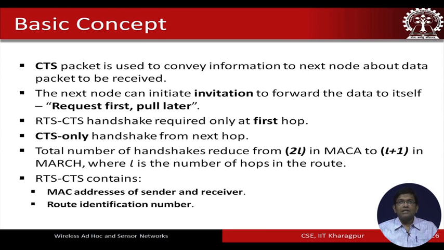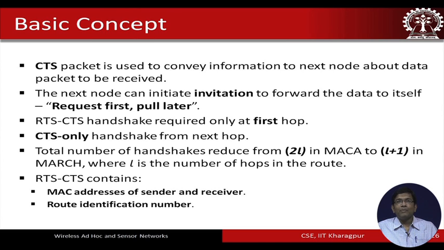The next node can initiate an invitation to forward the data to itself. So, it is a request first and pull later kind of mechanism. The RTS CTS handshake is required only at the first hop, and only a CTS handshake from the next hop. The total number of handshakes is reduced from 2L in MACA to L plus 1 in MARCH, where L is the number of hops in the route.